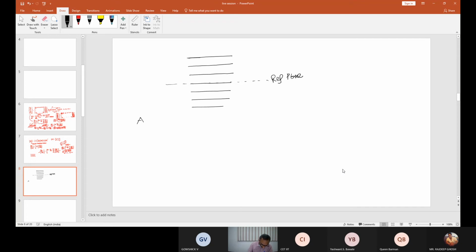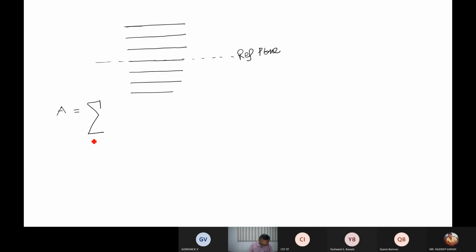A is actually sum over k going from 1 to N, where N is the number of layers, of Q bar, I explained this just half an hour back, into Zk minus Zk minus 1. This is the definition of the A matrix.